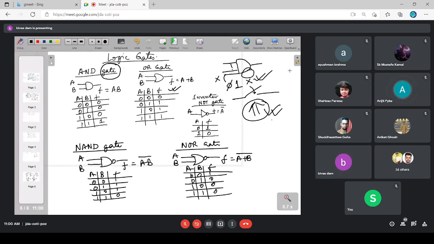Universal gates. Yeah, they're universal logic gates. So what is the specialty? What is so special about this universal logic gate, which NAND gate and NOR gate belong to?